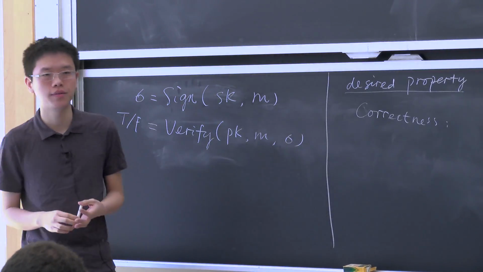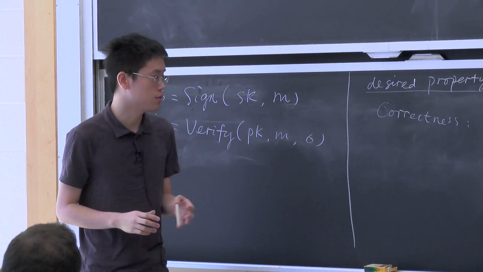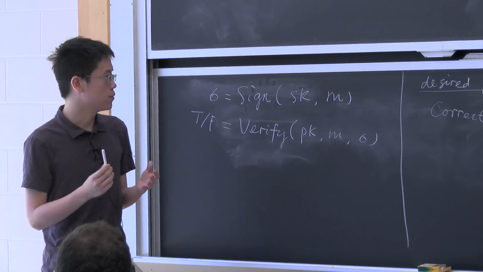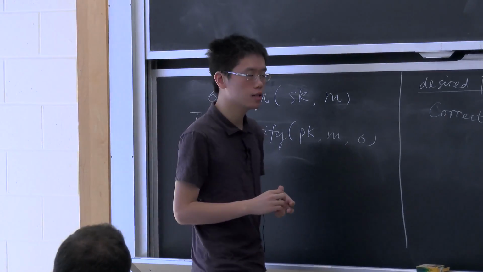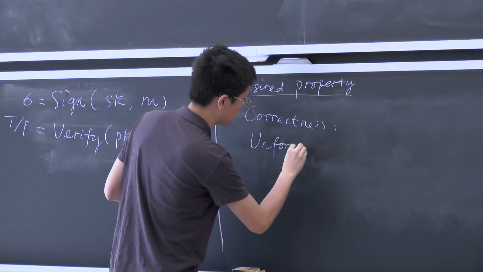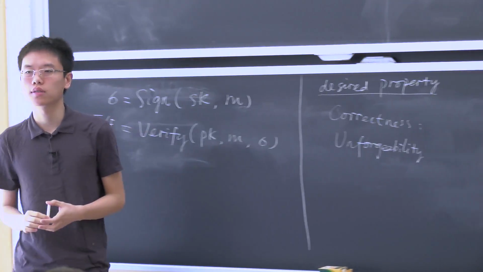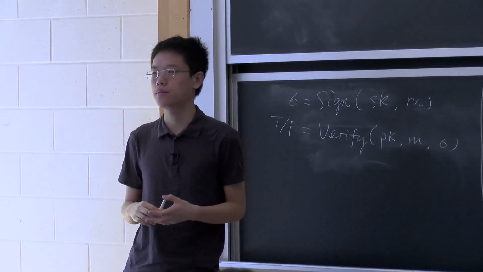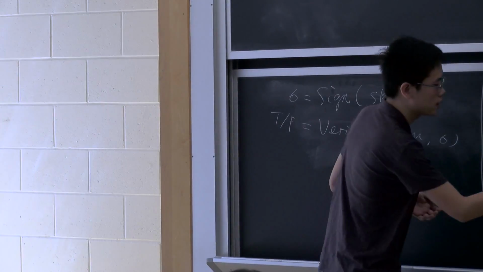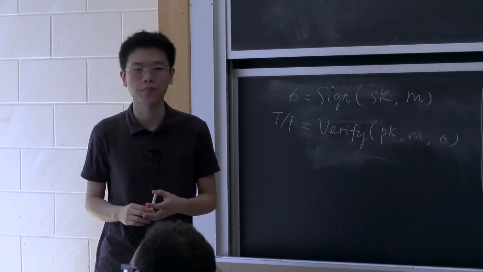The other one, your answer is very close, that you don't want to extract the secret key. But to make it more general, what we really want is unforgeability. That means if I have the secret key, an adversary who does not have the secret key should not be able to sign the message to pretend to be me.